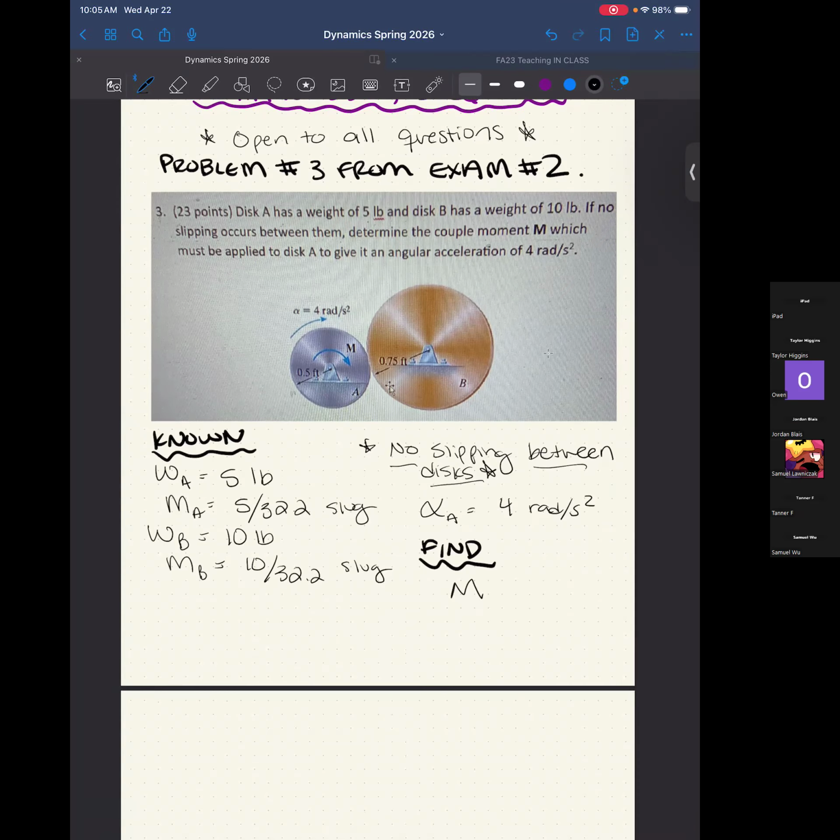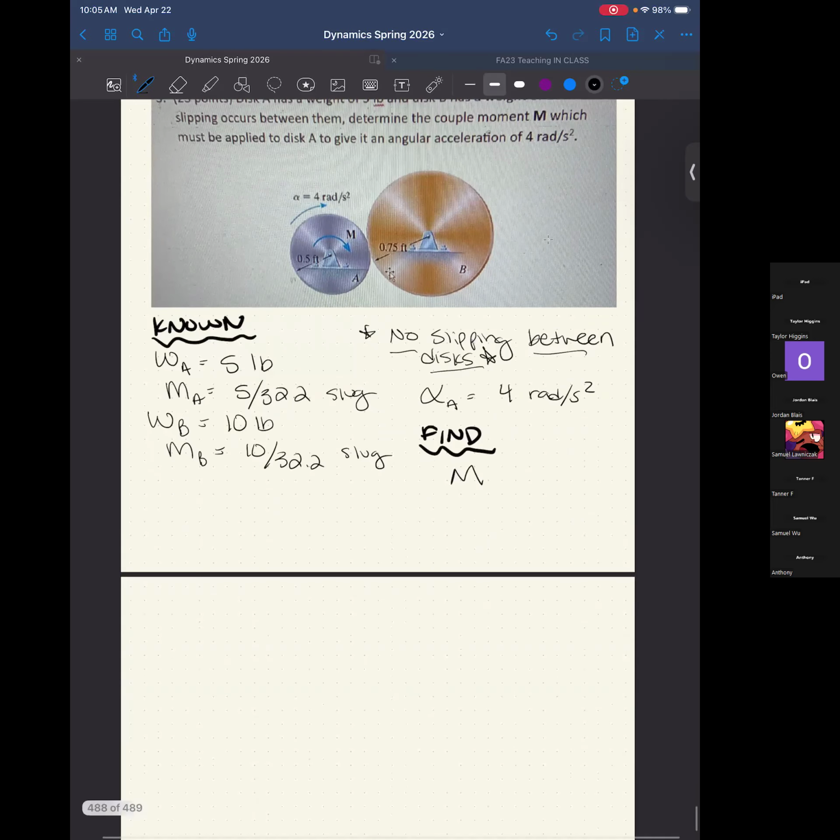All right, so it's the fact that these two things are meshed with each other that makes me think that when I draw my free body diagram, I should probably draw the free body diagram of both of these bodies, because their motions are coupled in some way. So let's do free body diagrams.